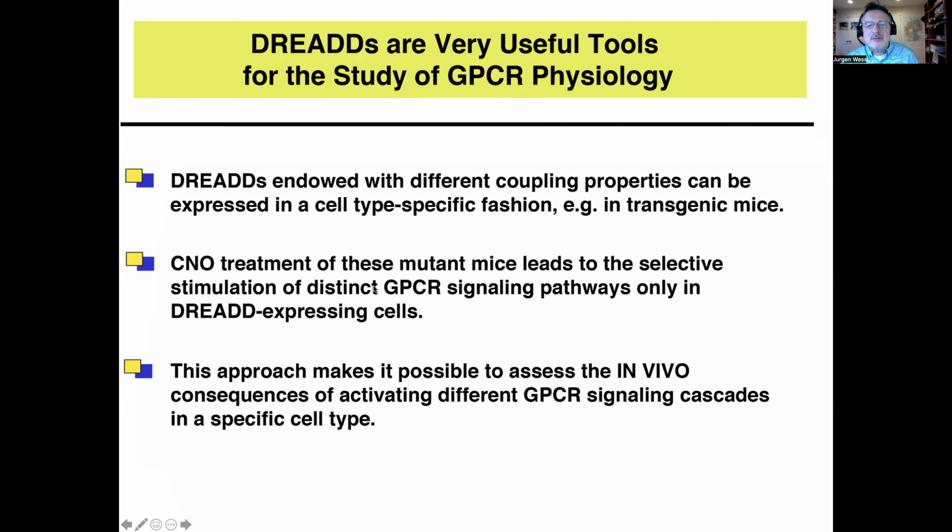CNO treatment of these mutant mice then leads to the selective stimulation of distinct GPCR signaling pathways only in the DREADD expressing cells. This approach makes it possible to assess the in vivo consequences of activating specific GPCR signaling pathways in a specific cell type.